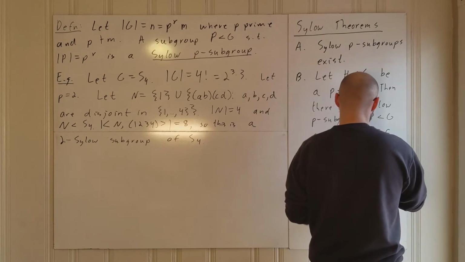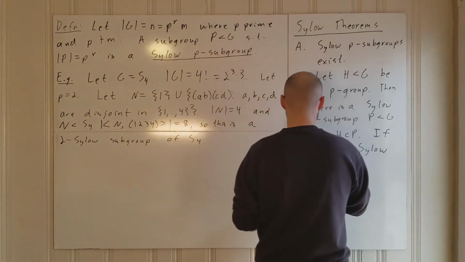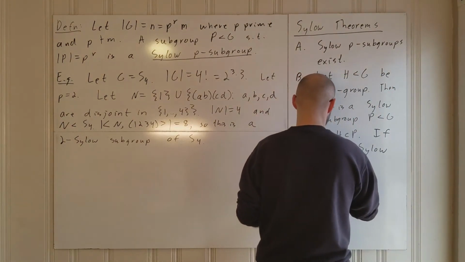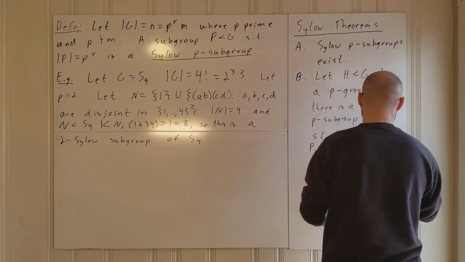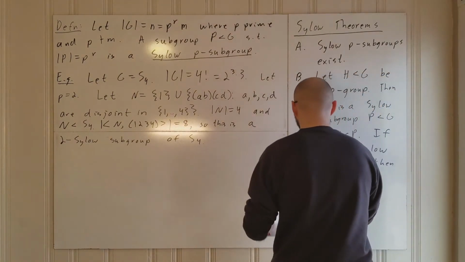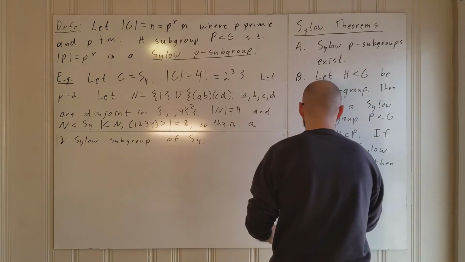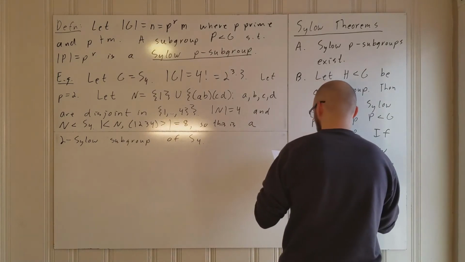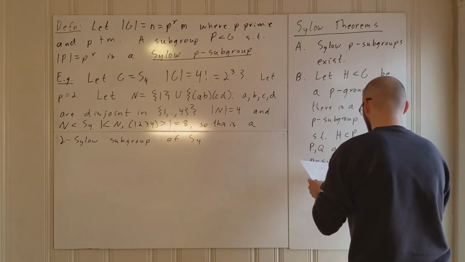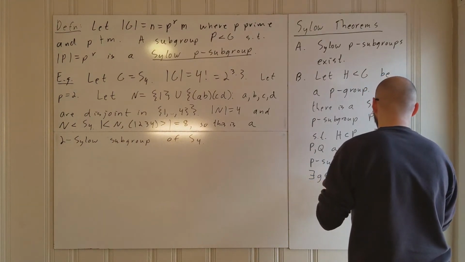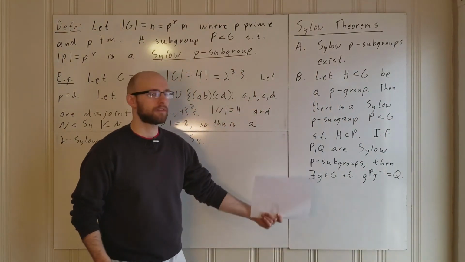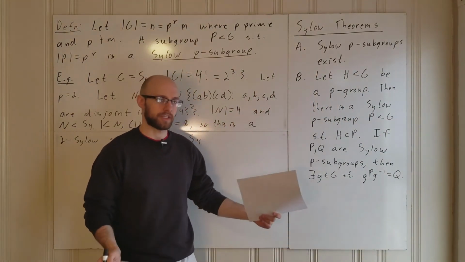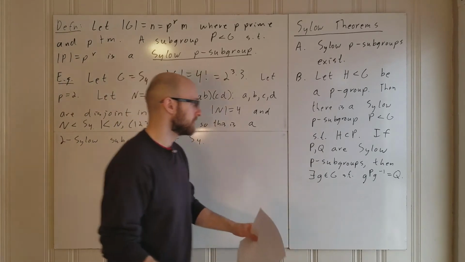So if P and Q are Sylow p-subgroups, then there is some g in G such that gPg inverse equals Q. Or in other words, all Sylow p-subgroups of G are conjugate. And that actually turns out to be really important.